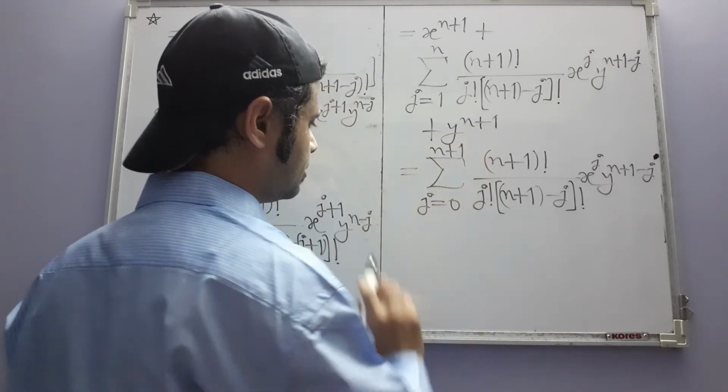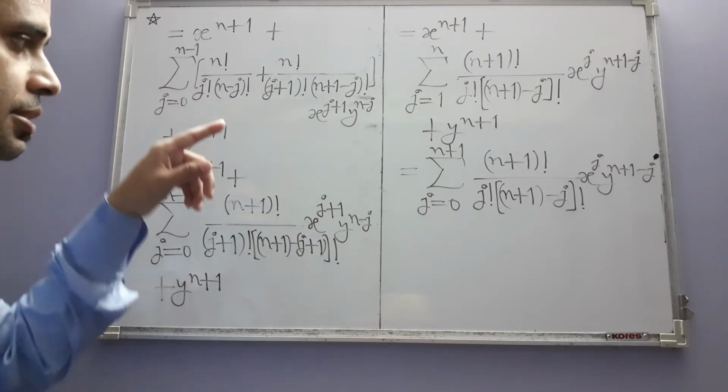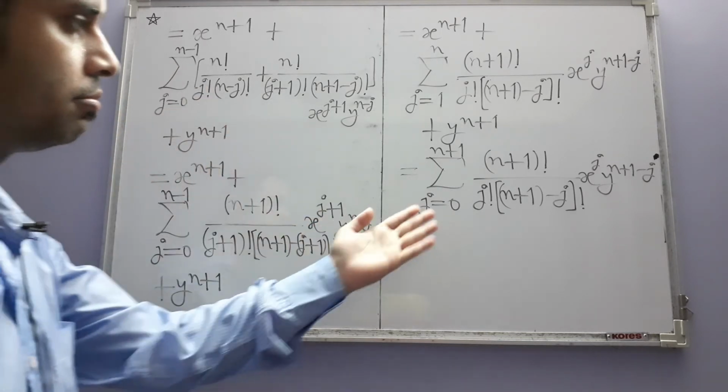The lower one is 0 and the upper one is n plus 1. Now what happens if you take j equal to 0 here?